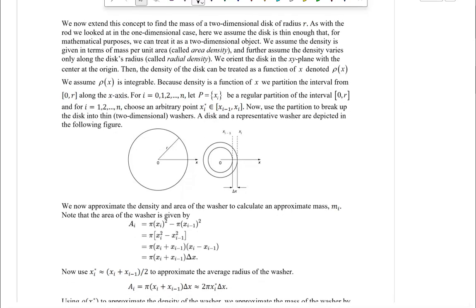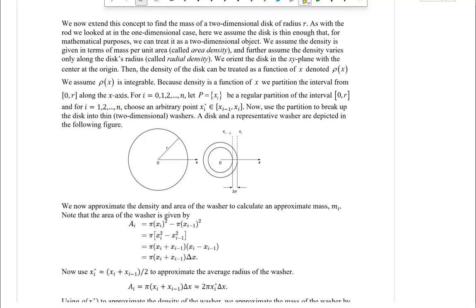So with that first example, we looked at the linear case where we just had a very thin wire that we were finding the mass of using a variable density function. Moving to a two-dimensional disk of radius r, we're going to find its mass, but we have a couple of prerequisites to be able to do this.